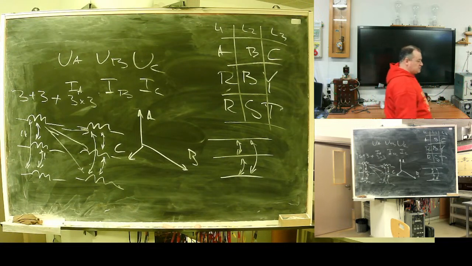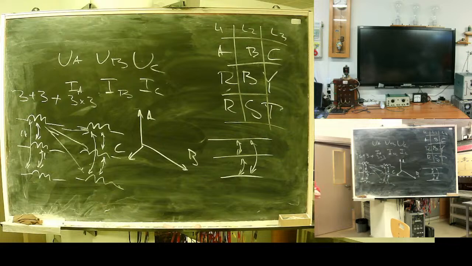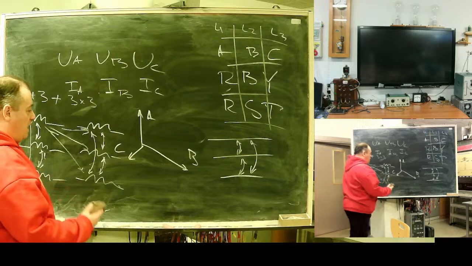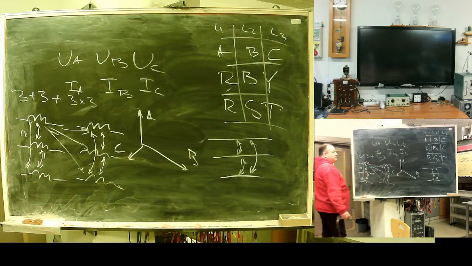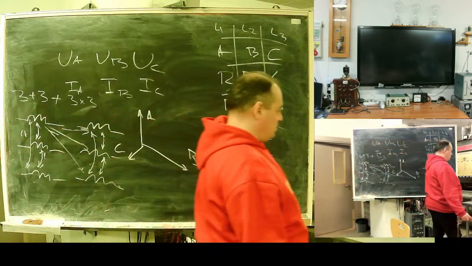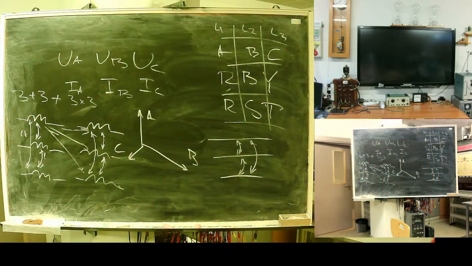What kind of transform it should be? But first was found by Fortescue, actually rethinking idea of Blondel's double reaction from electrical machines.